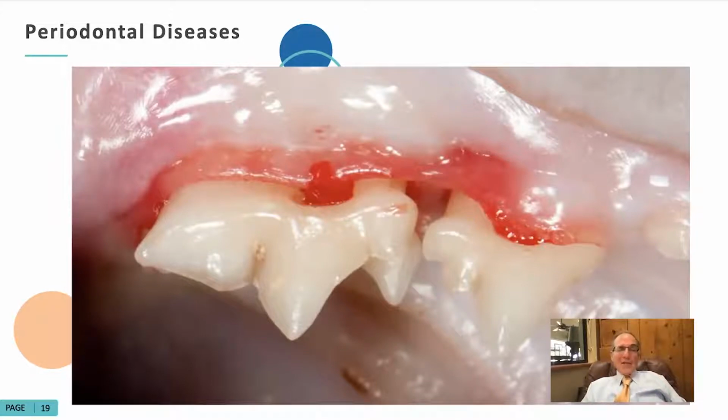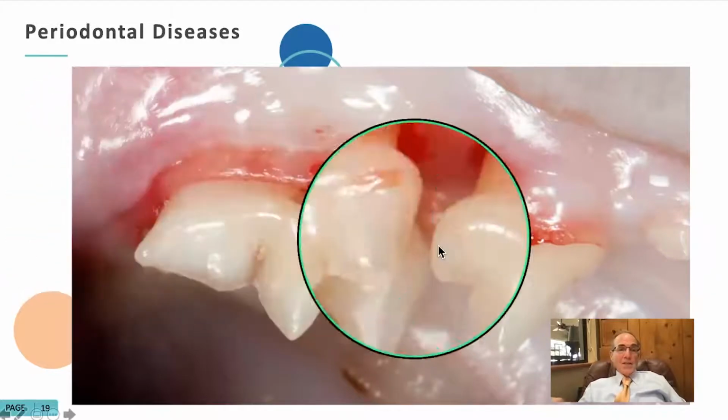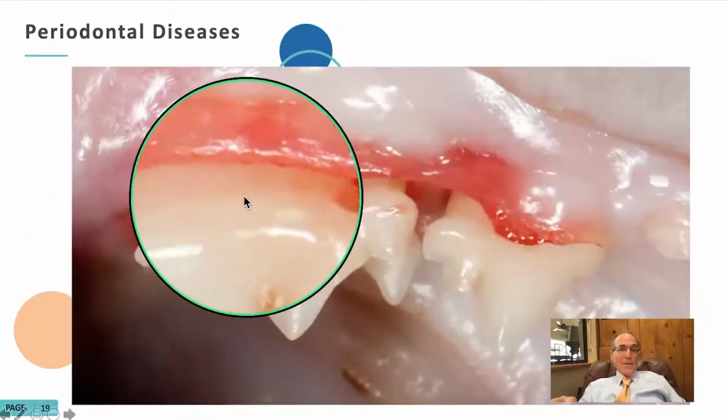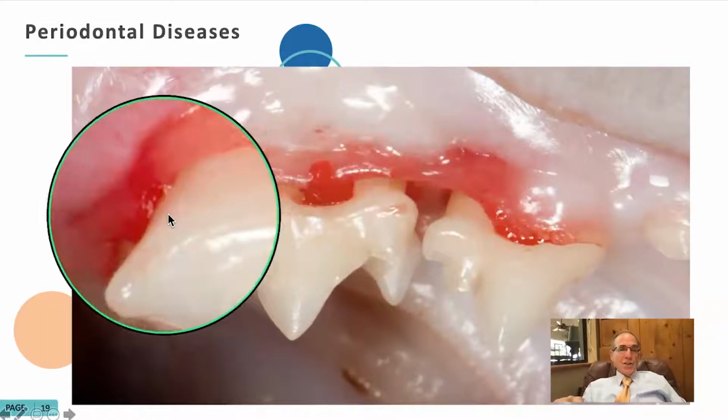And the periodontium is those structures that hold the tooth in the jaws. It's made of the periodontal ligament, it's made of cementum, it's made of the alveolar bone, and it's made of the attached gingiva. Normally, the attached gingiva should be right up to the cemento-enamel junction here.